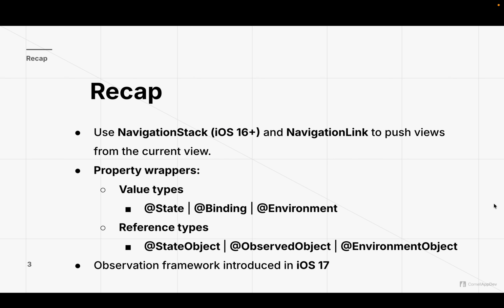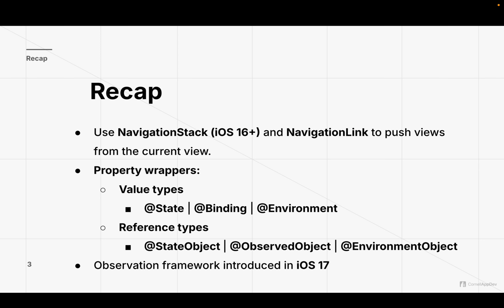So, a brief recap on last lecture. Remember, we figured out how to navigate using NavigationStack and NavigationLink. And remember, this is iOS 16 plus. Before that, you have to use NavigationView. And we learned about property wrappers, which are going to be especially useful for this lecture. For value types, you have State, Binding, and Environment.